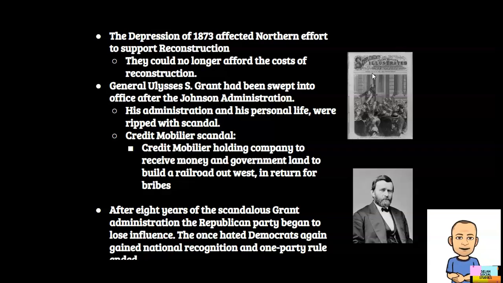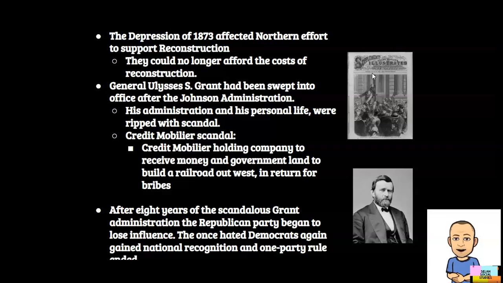When Depression struck the North, they just couldn't afford the cost of Reconstruction anymore, which led to what we call Northern Reconstruction fatigue. And since Reconstruction went from 1865, the end of the Civil War, it would be a money and a military vacuum for 12 years. Northerners were getting fatigued by the time the election of 1876 came around.